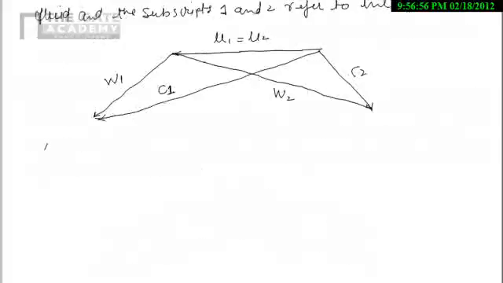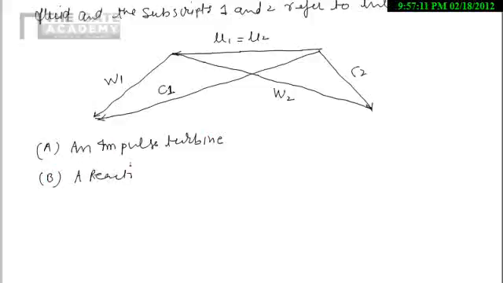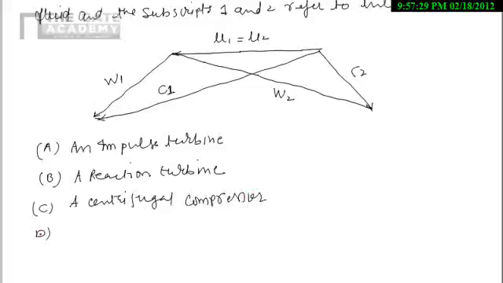So now the options are A, an impulse turbine, B, a reaction turbine, C, a centrifugal compressor, or D, an axial flow compressor.